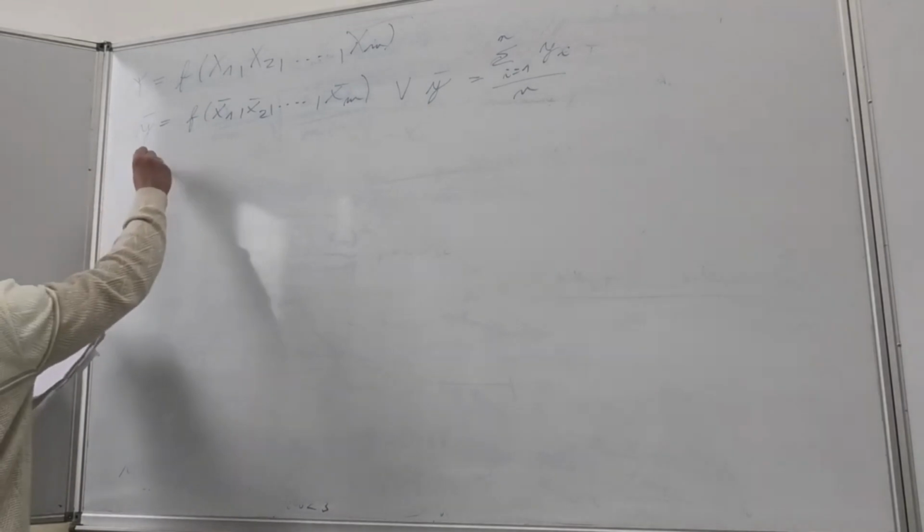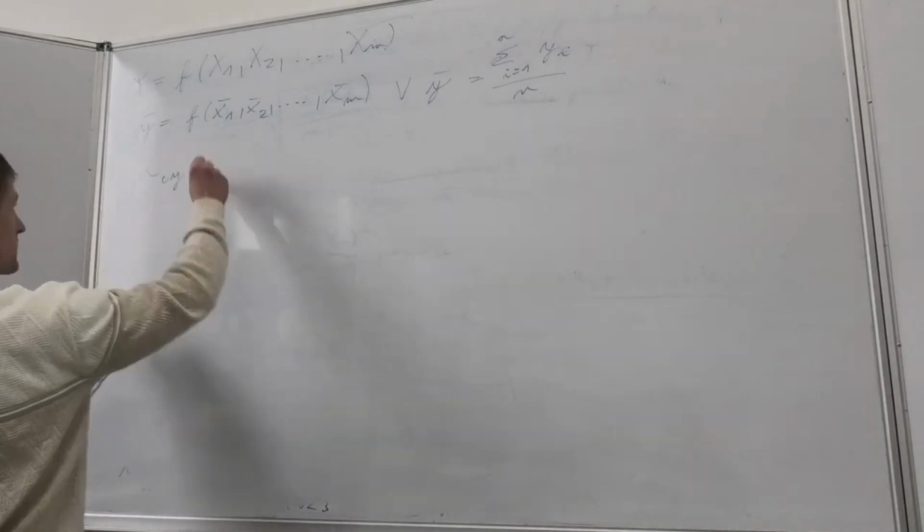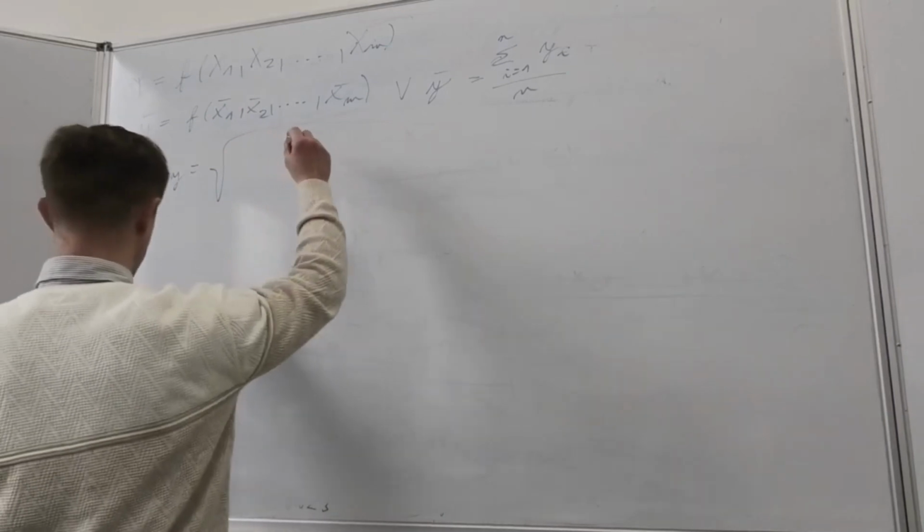The combined standard uncertainty can be calculated using Gauss's law for the propagation of uncertainty.